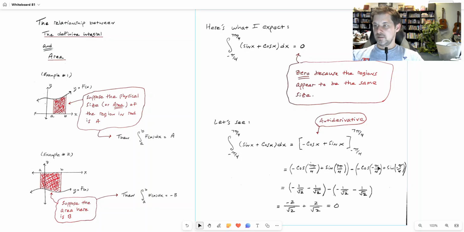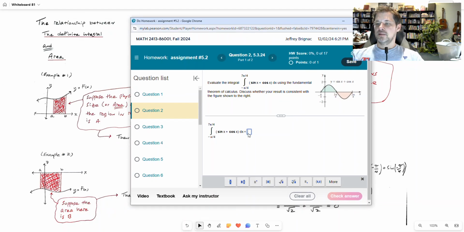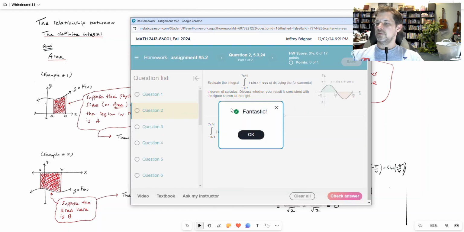I calculate each of these, and I get what you see here. Sure enough, they are the same number, but opposite of each other, and I get 0 all said and done. That's what I expected, and this is the work that would prove that. So if I'm working this on my math lab right now, 0 would be the answer.